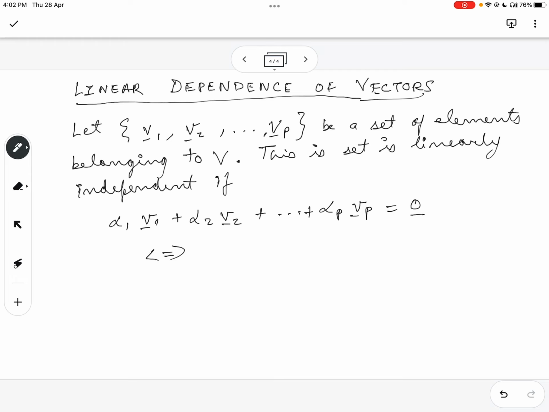This implies that alpha 1 is equal to alpha 2 and so on equal to alpha p is equal to 0. This means that for the first statement to be true, if v1, v2 until vp are linearly independent, the corresponding coefficients, the scalar multipliers, should also be 0.